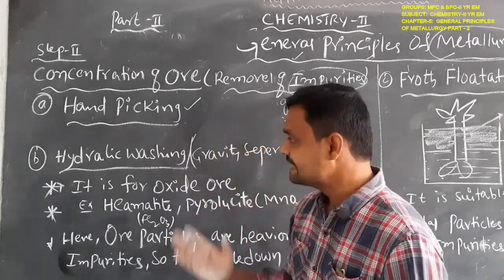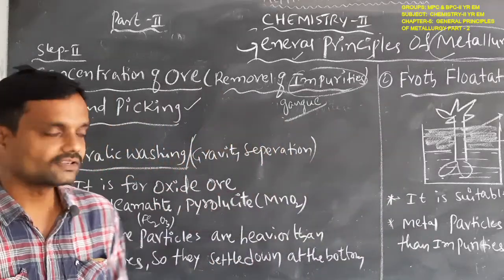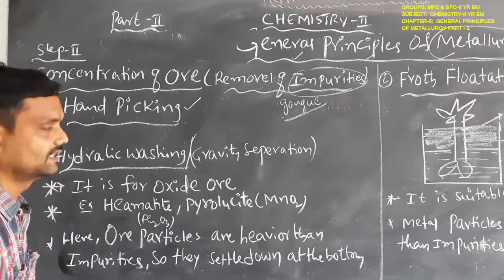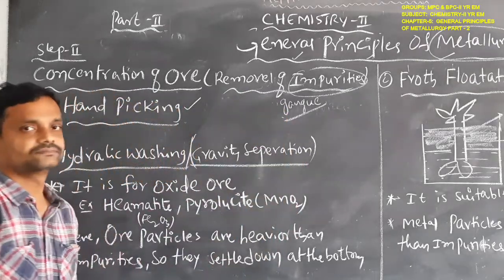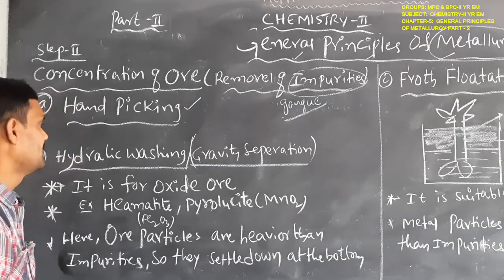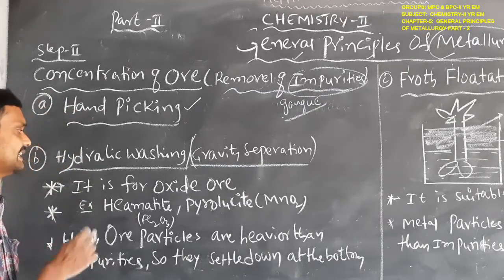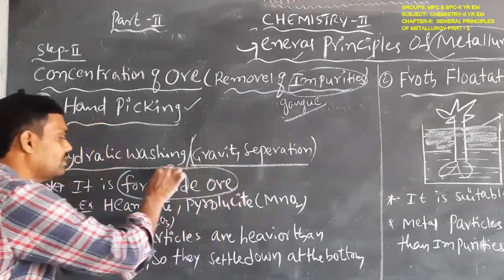Okay students, the second method is the hydraulic washing method. It depends on gravity separation, so it is also known as the gravity separation method. This hydraulic washing method is applicable only for oxide ores.